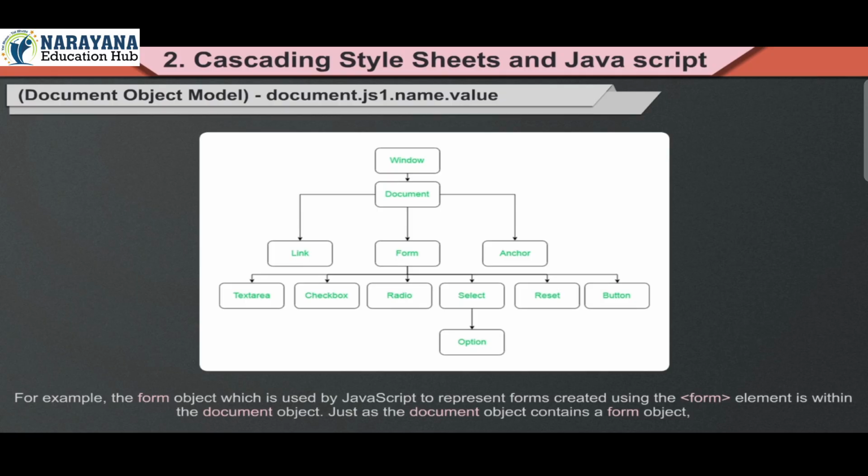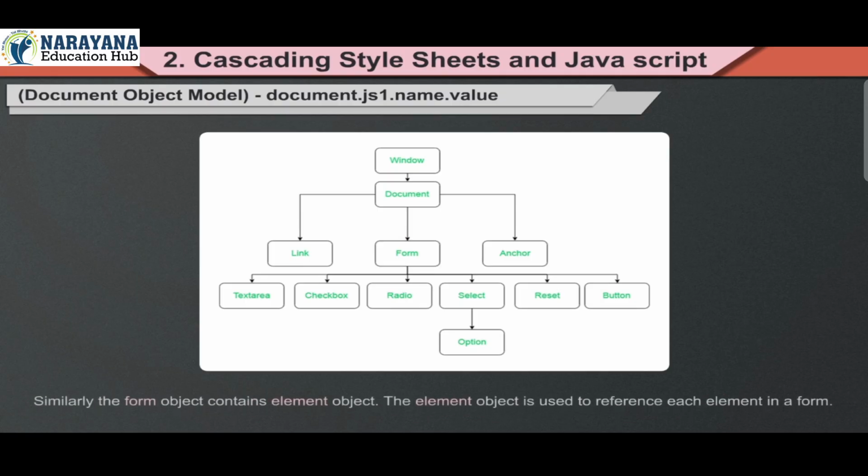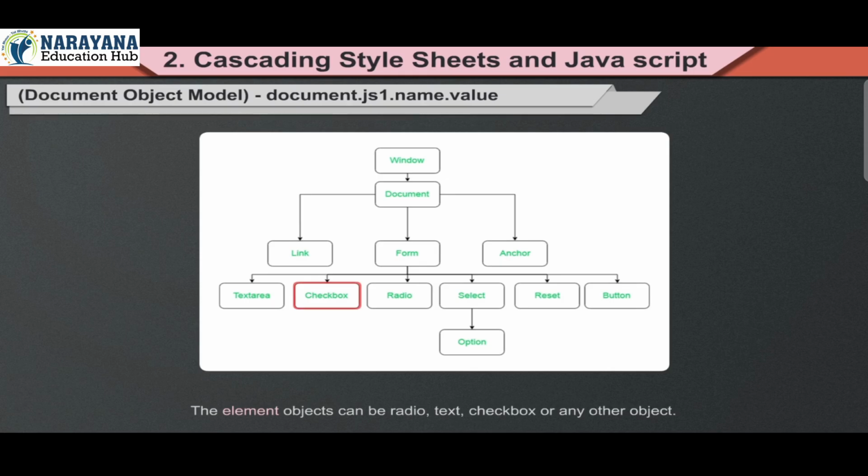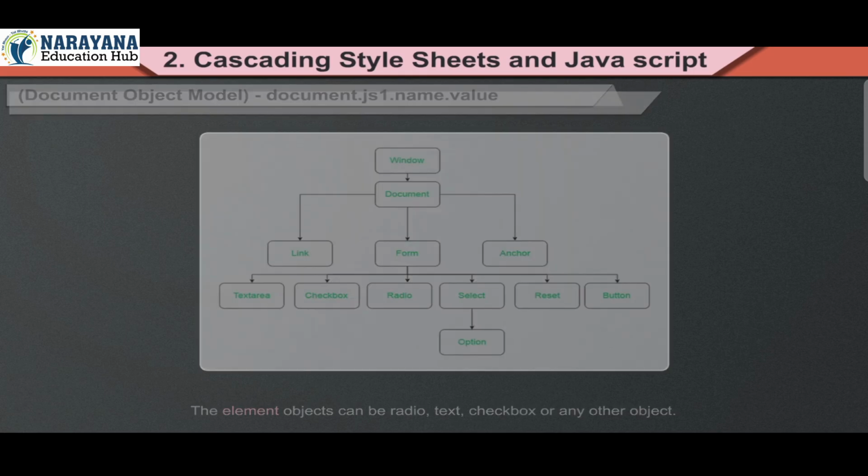Just as the document object contains a form object, similarly, the form object contains element objects. The element object is used to reference each element in a form. The element objects can be radio, text, checkbox, or any other object.